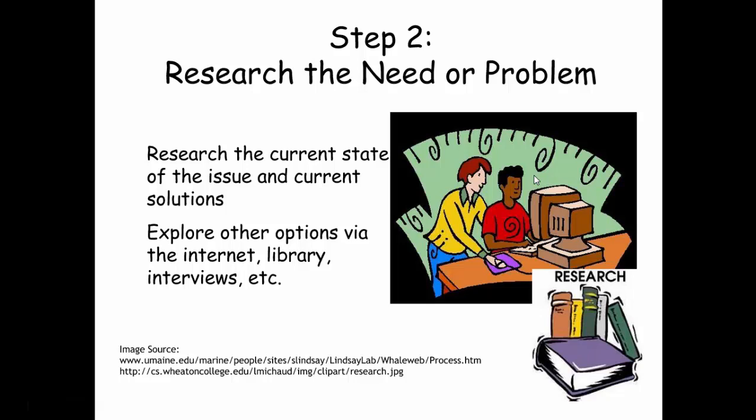Step 2, we need to research the need or the problem. So when they were designing this, the engineers had to do some research. They had to look at what do they currently have, okay, what's the current issue, which was insulin shots. Those were the current solutions, and then you would give yourself a shot of more or of less depending on what you needed.